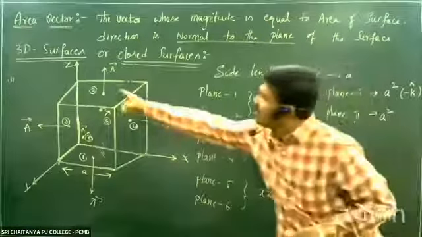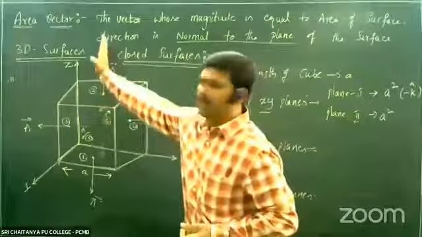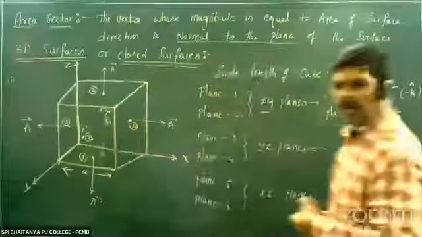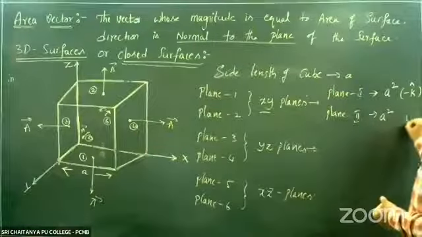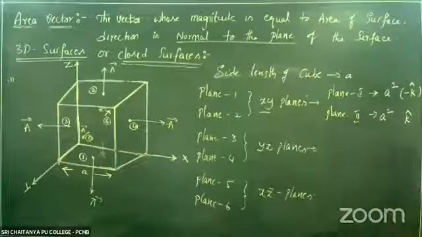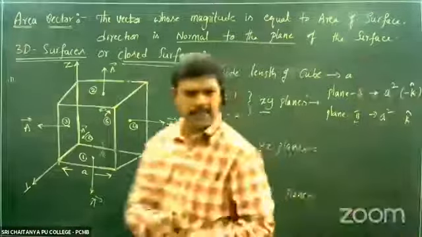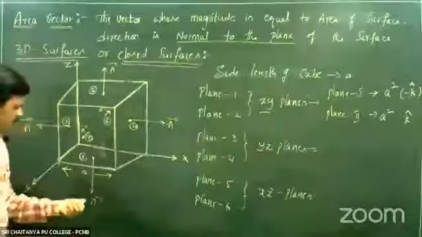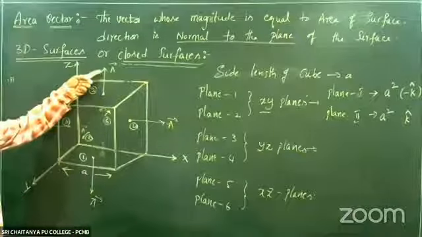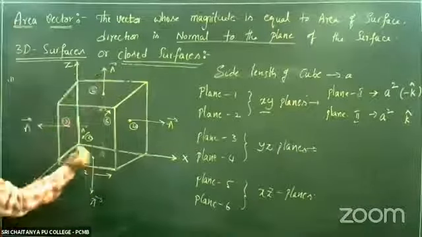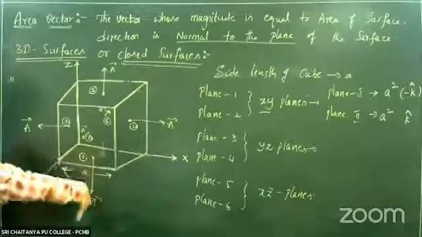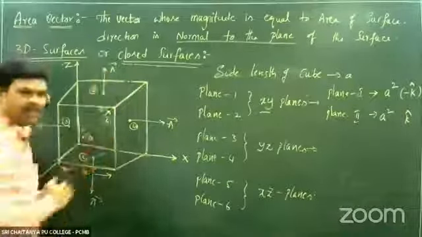For this one, the outward normal is K cap, right? A small doubt you may get: sir, why for this is it minus K cap, and why for this is it plus K cap? See here, it is a downward normal, and this is an upward normal.